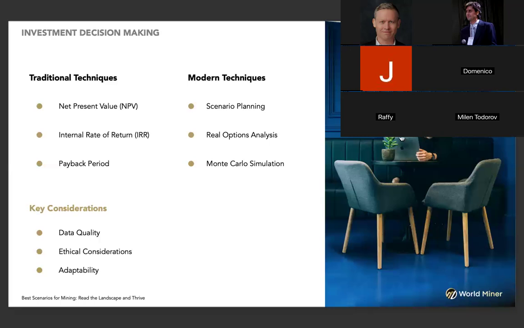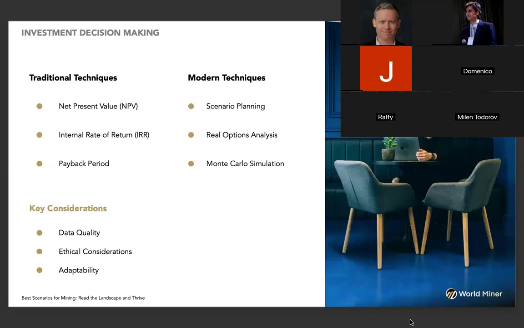In today's modern techniques, there is scenario planning, which develops multiple possible future scenarios to assess the potential impact of different events on an investment's outcome. Another is real options analysis, which evaluates the flexibility and strategic value of an investment, considering the ability to adjust or abandon it based on future circumstances.